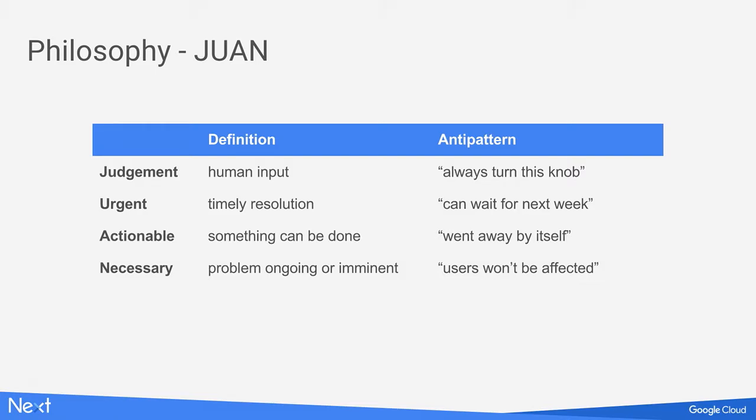Now, it doesn't mean that you can mitigate the problem. Take, for example, we know cloud providers, they're always failure-free, but let's say your cloud provider has some sort of failure. You should still know about it, even though there's not much you can do, except email them and ask, hey, what's up?